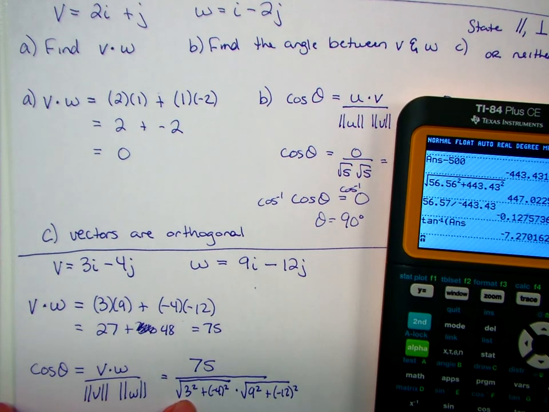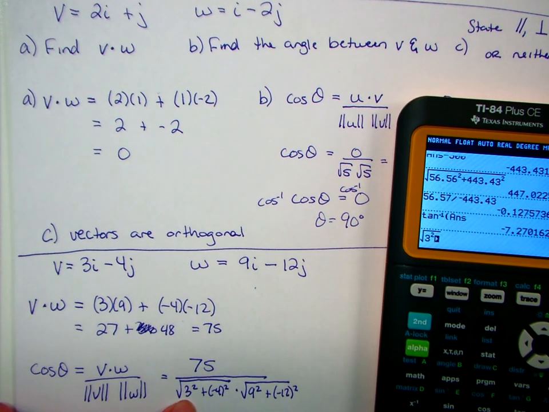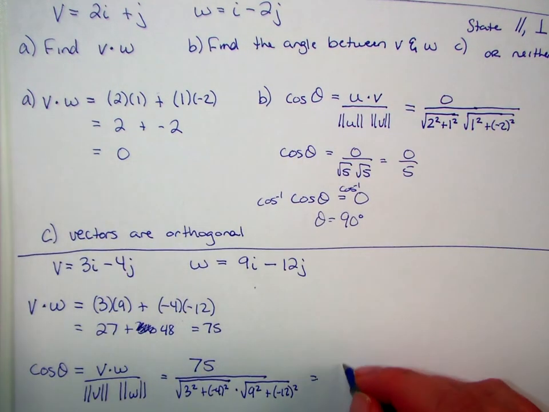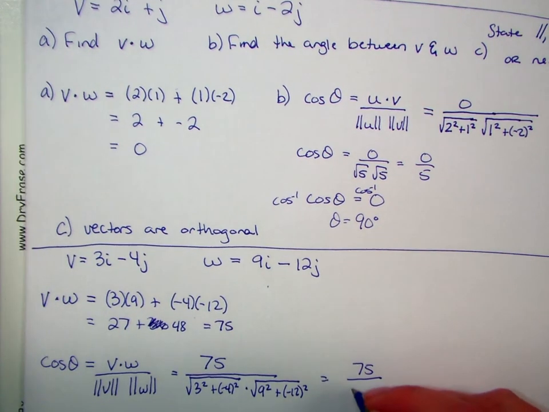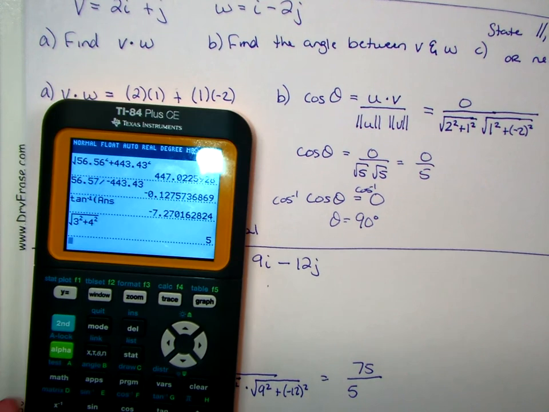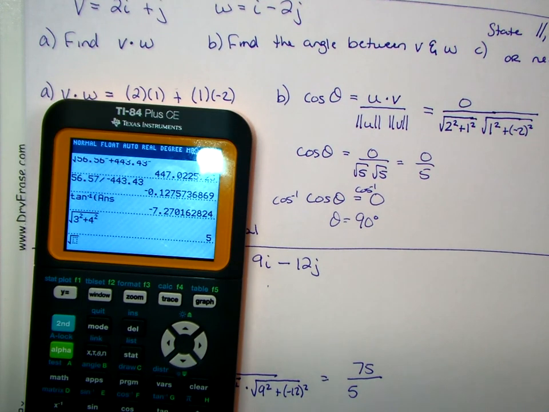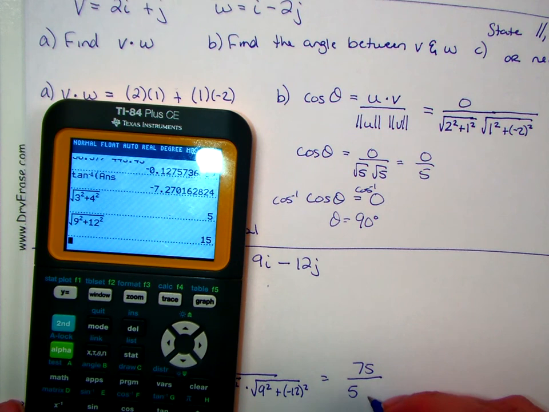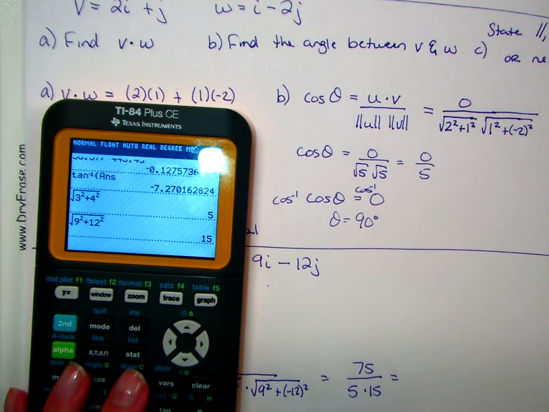Alright, so the square root of 3 squared plus 4 squared is 5. And then the square root of 9 squared plus 12 squared is 15. Right? And 5 times 15 is 75.